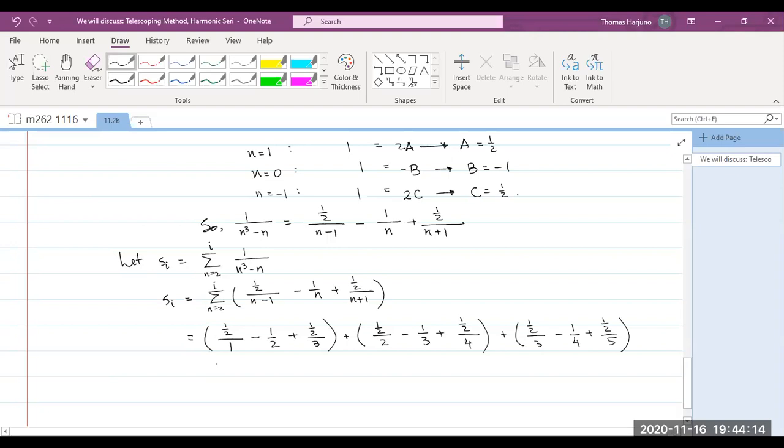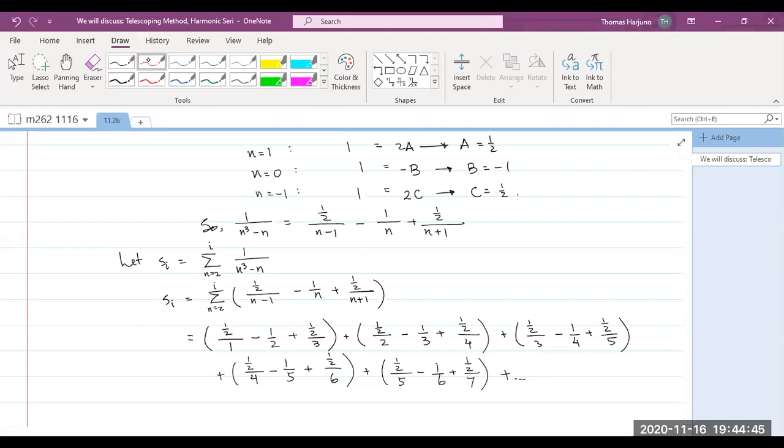Maybe I do more. I don't see a pattern yet, but I guess I need to get more terms. This is plus 1 half over 5 minus 1 over 6 plus 1 half over 7. Okay, the first 5 terms. Let's see how they cancel.